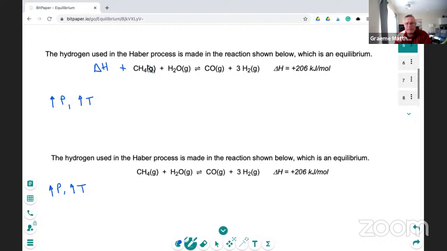Now, if I increase the pressure, straight off the bat, I've got 2 moles of gas on this side, and on this side I've got 4 moles of gas.